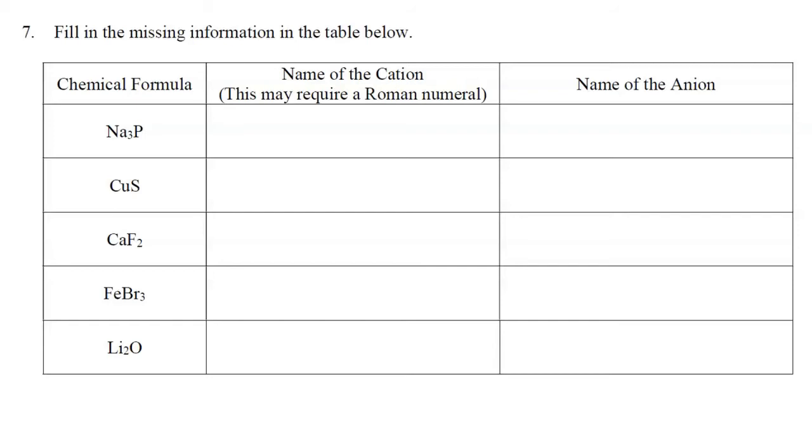For the first ion, the cation, there's not going to be any change in the spelling. So if the element is sodium, we just say sodium. But for the negative ion, the anion, we change the spelling. So phosphorus becomes phosphide as a monoatomic ion.